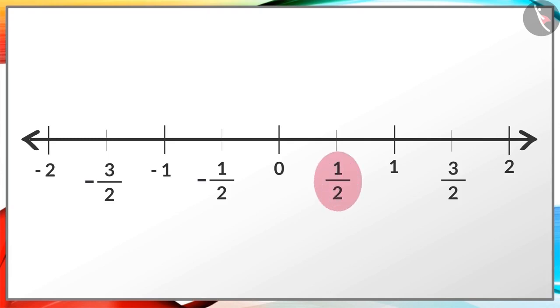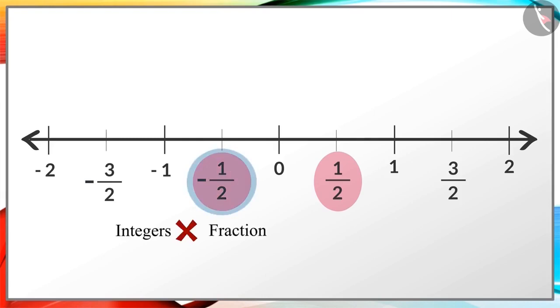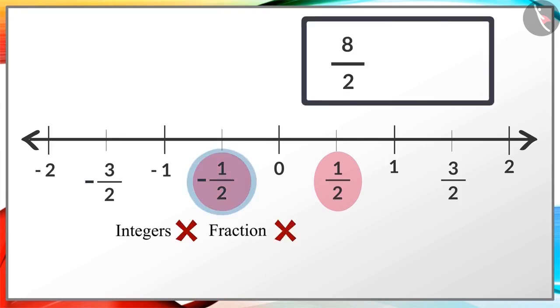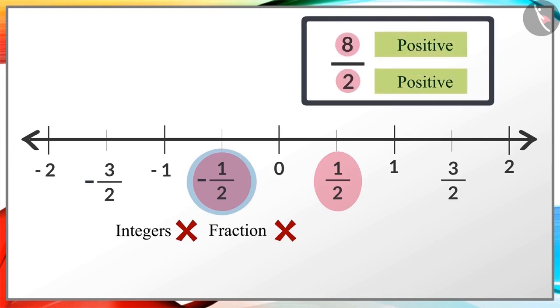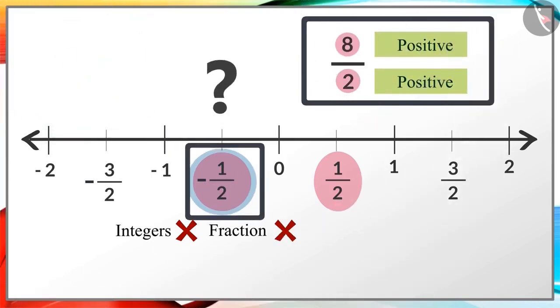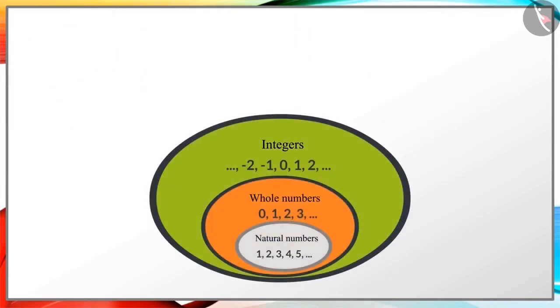But when we go to the left from 0, we get negative numbers. For example, going half a step left, we will get -1/2. You can see here that it is neither an integer nor a fraction, because the numerator and denominator must be positive to be a fraction. So what is this number? Sir, this is a rational number.